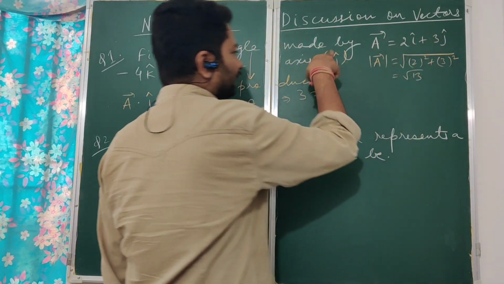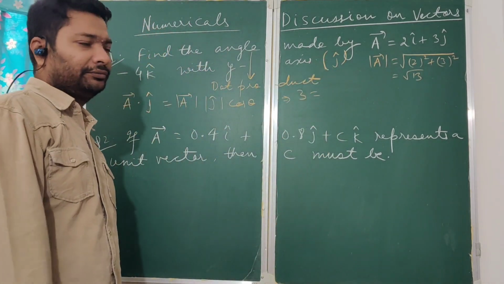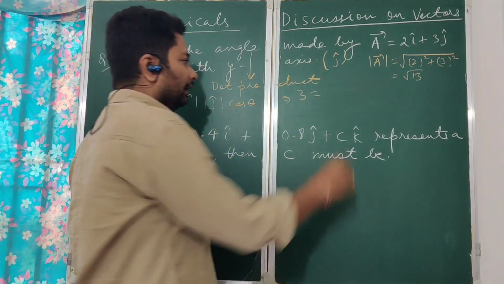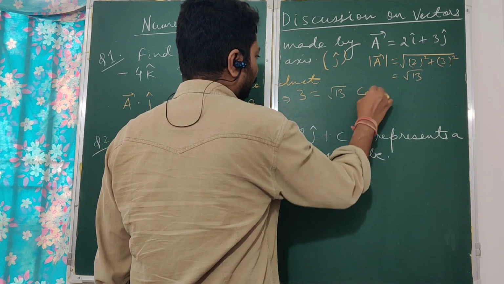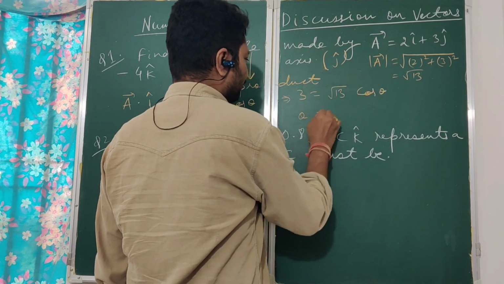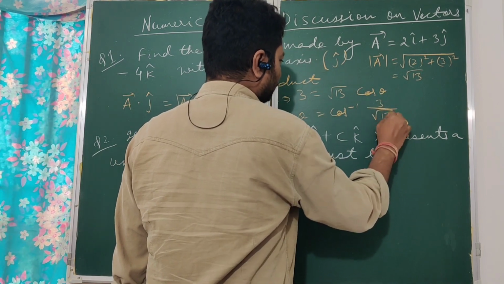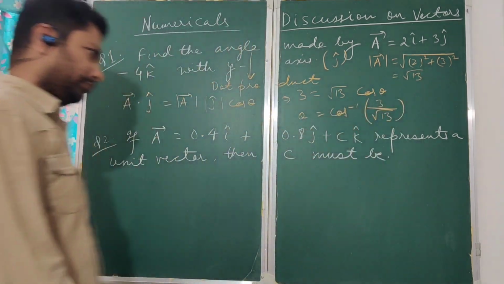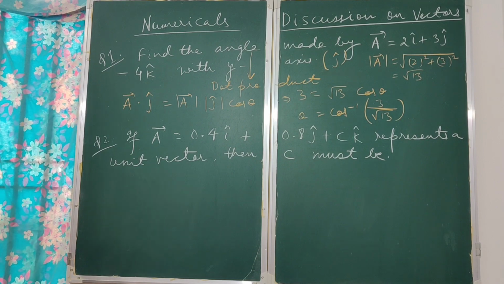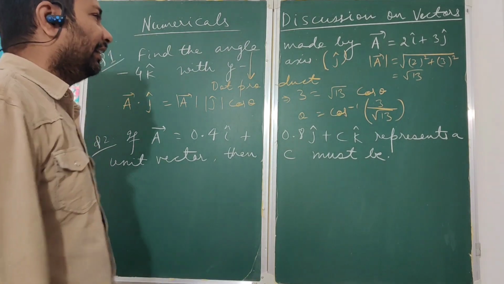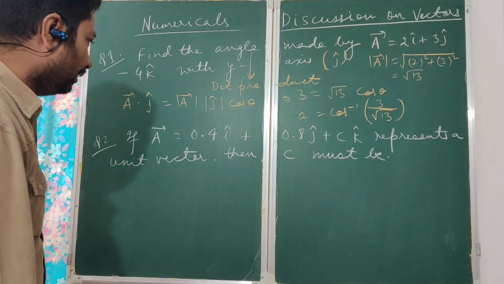What is mod of j? It is a unit vector, so it will be 1. So this is equal to root of 13 cos theta. So theta is cos inverse of 3 by root of 13. This is the angle between the a vector and the y axis.